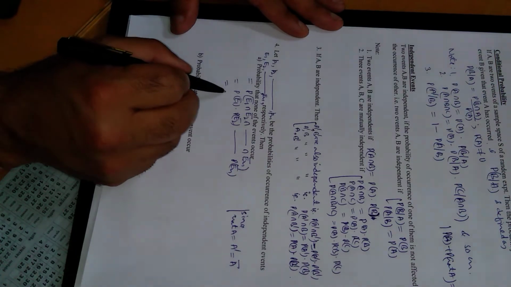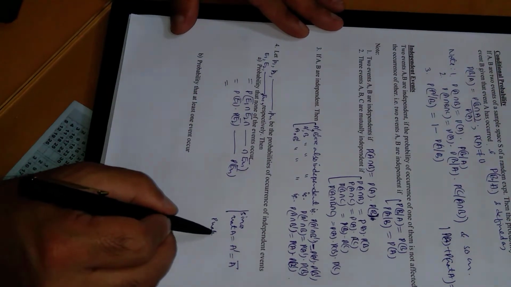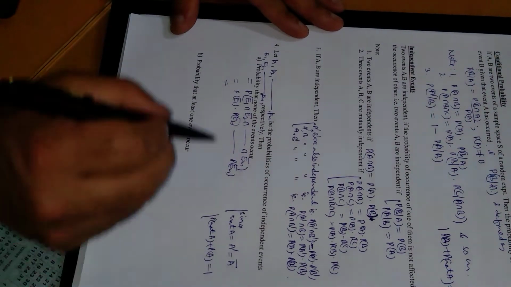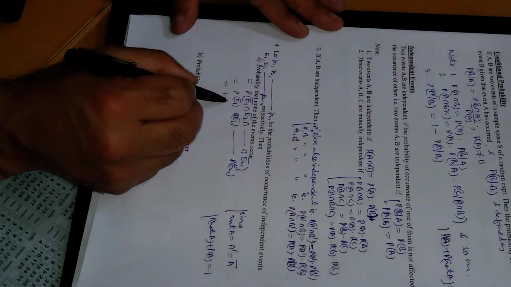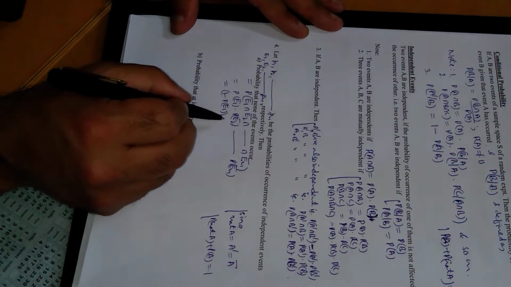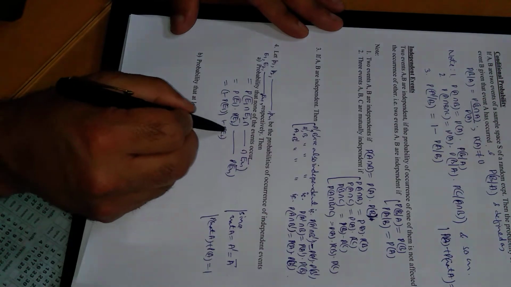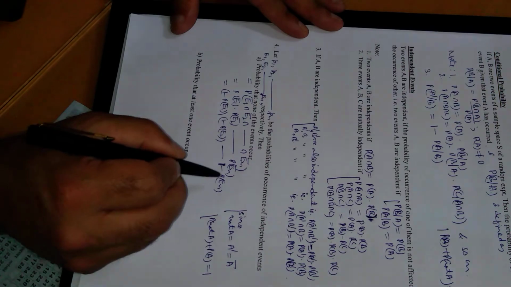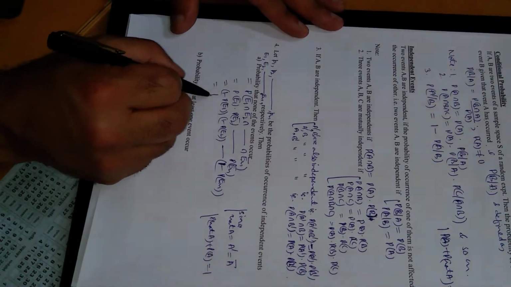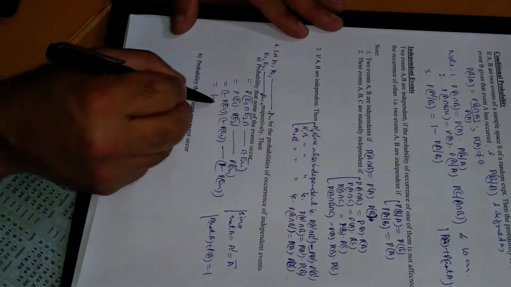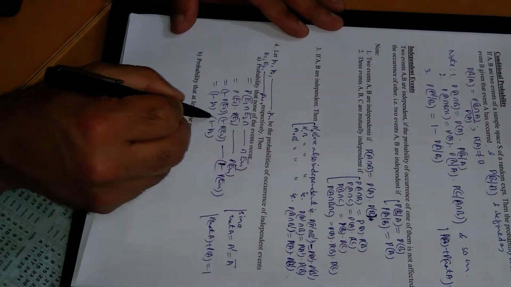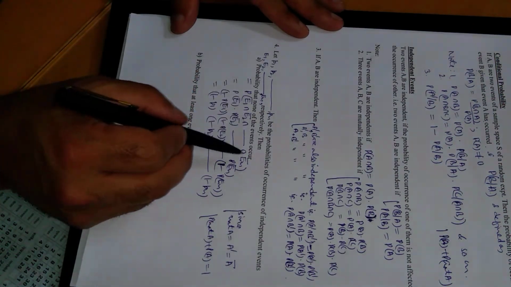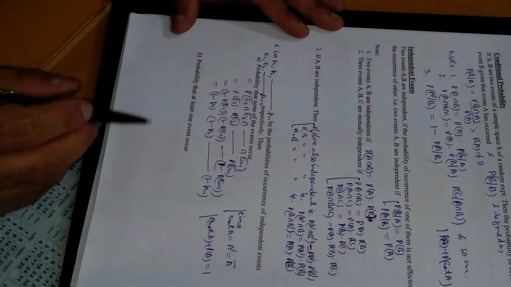This further can be written, because P of not A plus P of A is equal to 1, as 1 minus P of E1, 1 minus P of E2, 1 minus P of En. This is further equal to, what is the probability of event E1? This is P1. Similarly, this is P2 and this is Pn, as we have already supposed. So the probability that none of the events occur is always the product of all these factors.